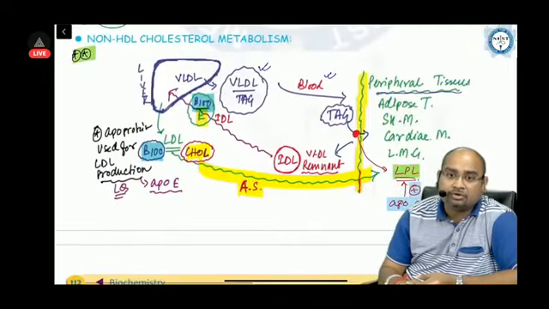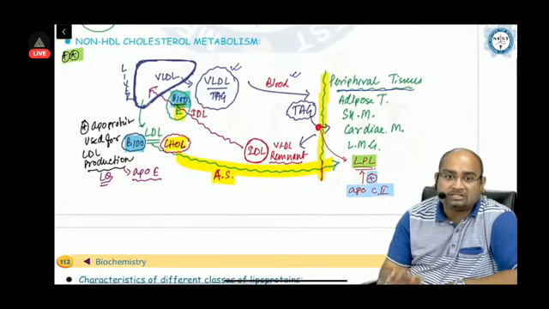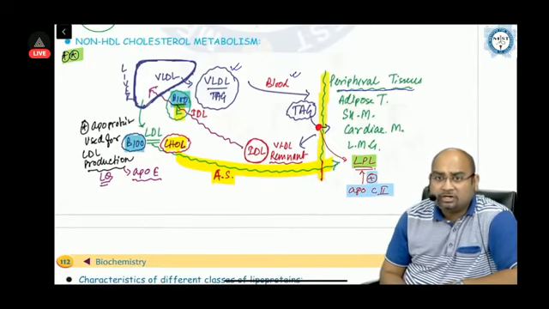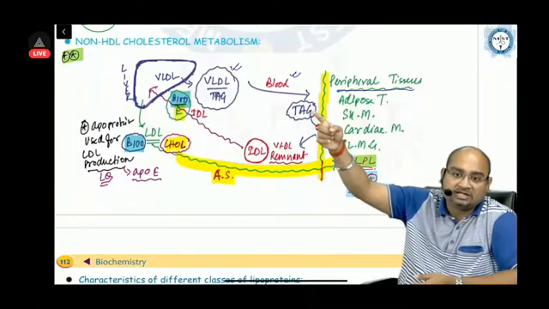We have studied non-HDL cholesterol metabolism. One more time, please try to understand. This will not include chylomicron, will not include HDL, will include only VLDL, IDL, LDL. We know how it is done. VLDL is coming from the liver carrying the TAG.